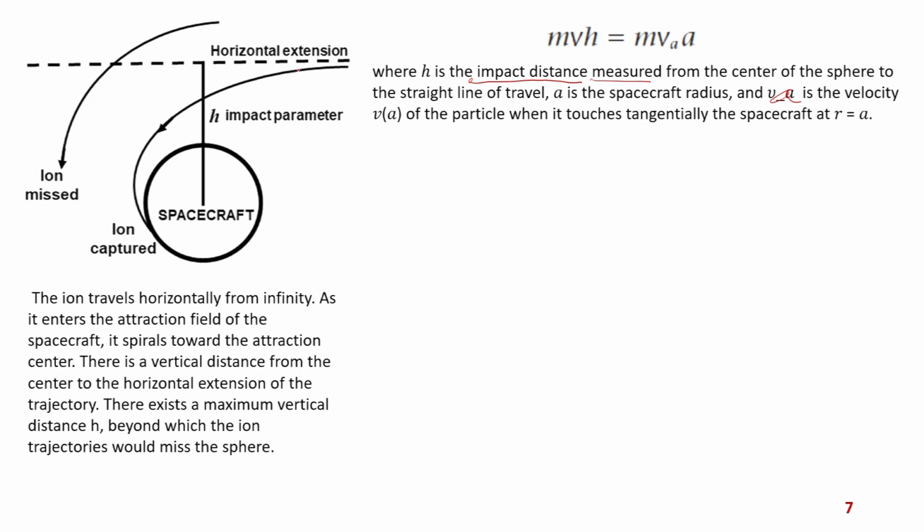This will exert a force, and it will have an angular momentum, and it will be bent towards the spacecraft and strike the spacecraft. Now, it again depends on what height it is coming from.